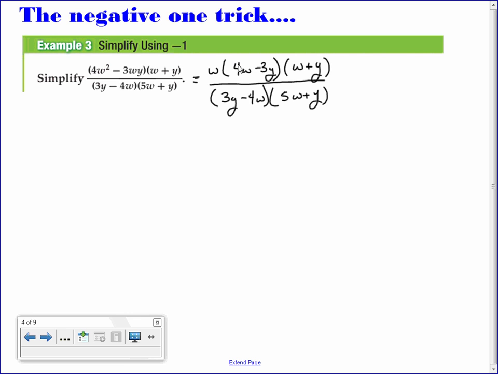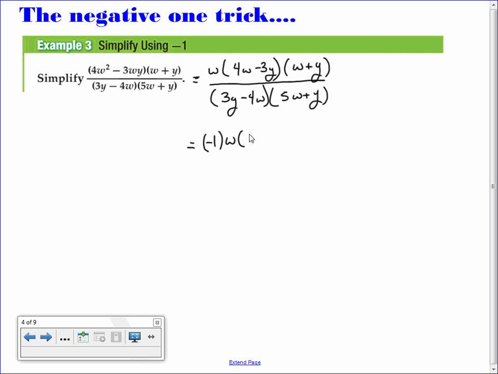Now notice, this says 4w minus 3y. This is 3y minus 4w. If I can force the signs on one of these to be different, like if I make this a negative 4 and a positive 3, then they'll match. So I'm going to factor out a negative 1. I'm just going to stick it in front. I'm taking the negative 1 out of this one. That's going to make the 4w negative and the 3y positive.